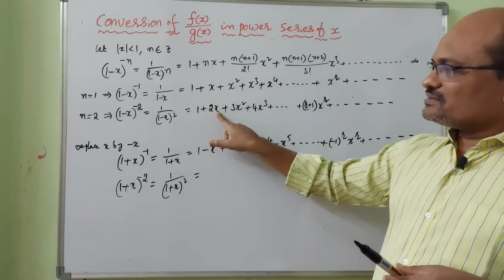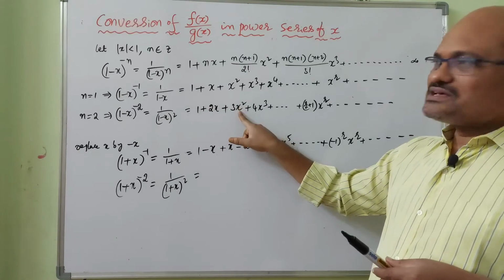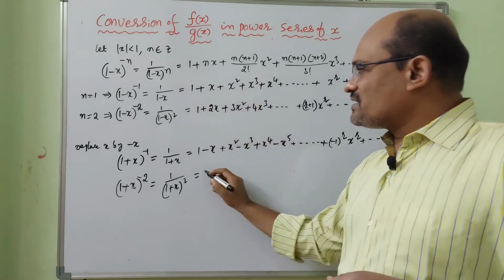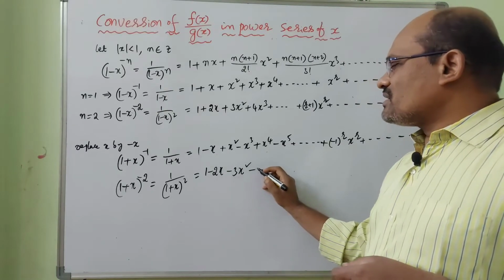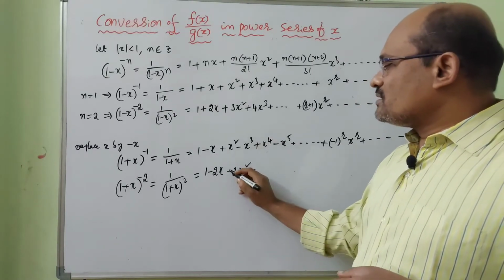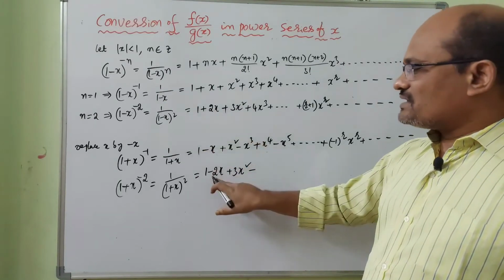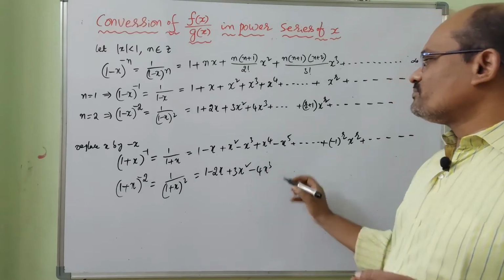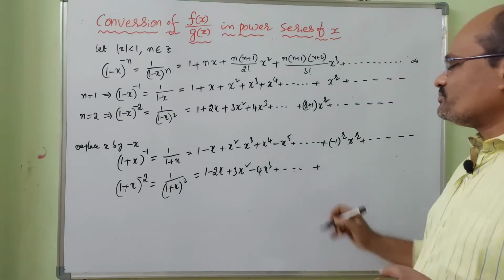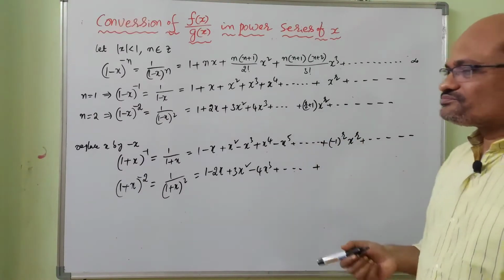So what do you get here? 1 minus 2x plus 3x square, for odd powers minus, for even powers plus, minus 4x cube, and so on.